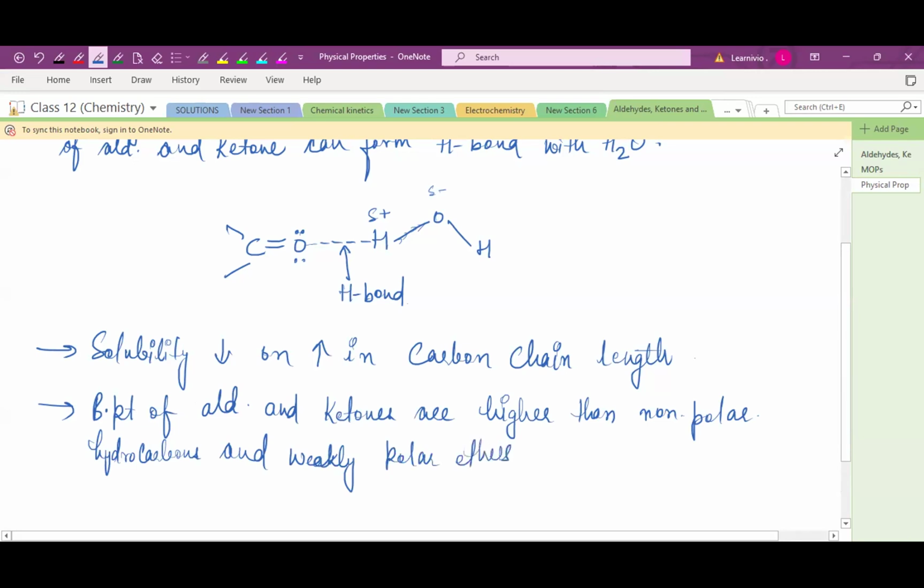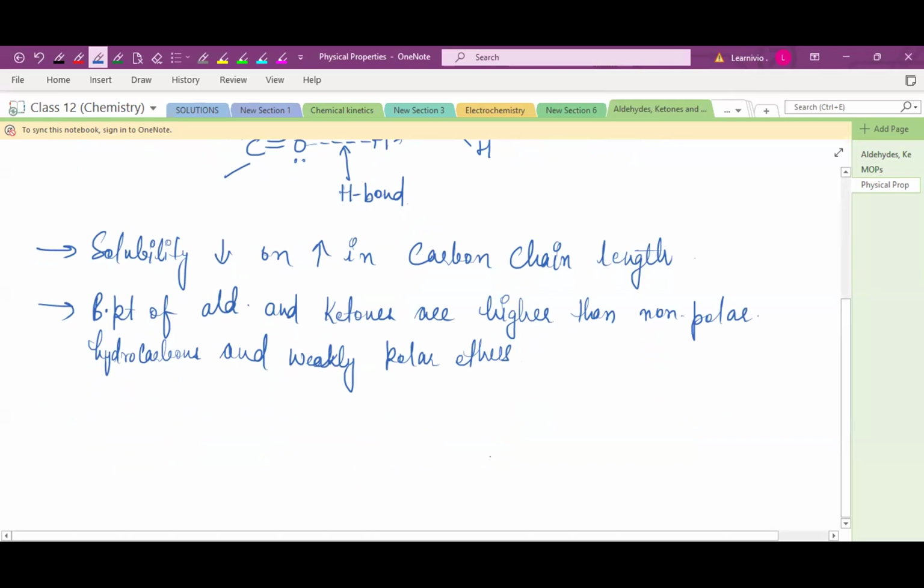When you compare the boiling point of aldehydes and ketones with hydrocarbons and ethers, aldehydes and ketones have higher boiling point than these two, hydrocarbons as well as ethers. It is more than these. Now, what about when you compare the boiling point of aldehydes and ketones with the alcohols?